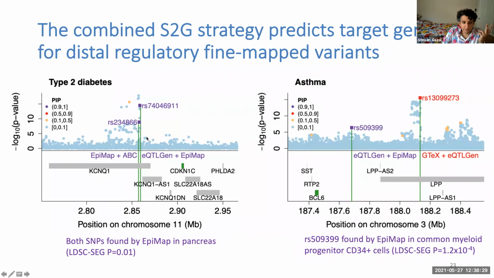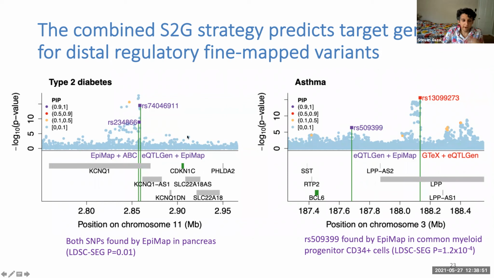The second thing that was interesting is that we found these SNPs in the EpiMap enhancer dataset, and these EpiMap enhancers were detected in pancreas, which is a targeted tissue for type 2 diabetes.